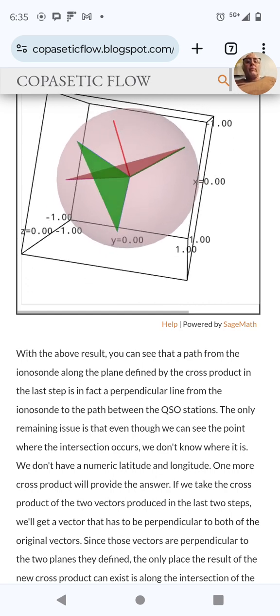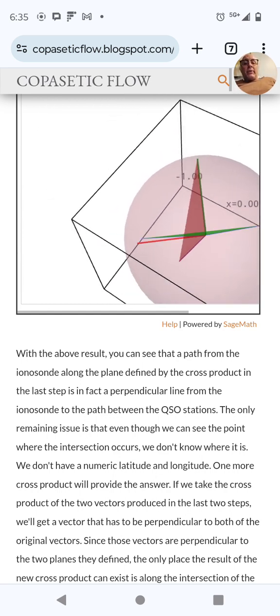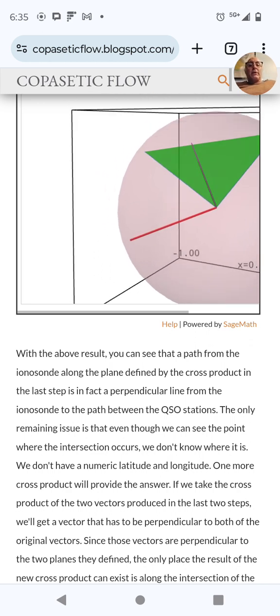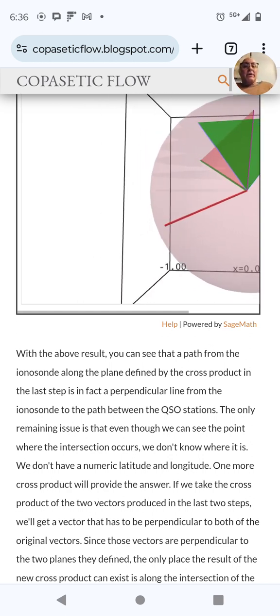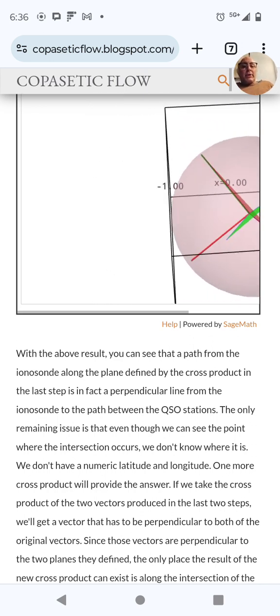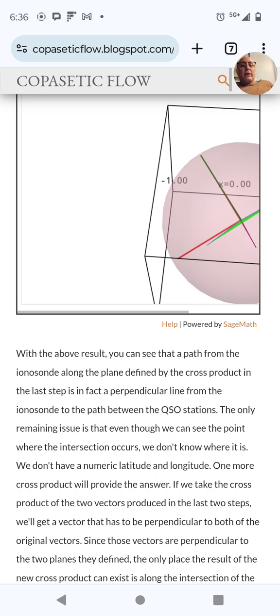Now, the pink vector, the one that came out when we made a cross product with the ionosonde vector from the center of Earth out to the ionosonde, is perpendicular to the path from the ionosonde to the green vector, and that gives us the perpendicular path, where the ionosonde's path crosses the QSO path.